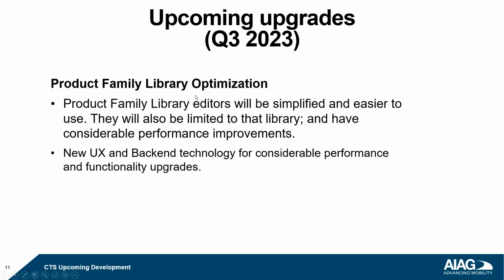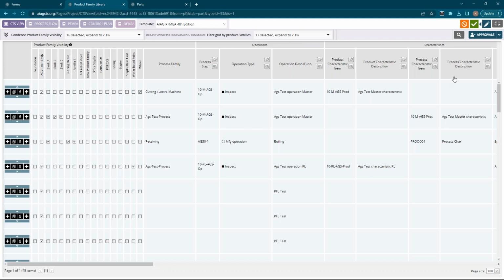The biggest one is product family library optimization. What I talked about right here before, we're going to be simplifying it a lot. If you go into work on, say, block A product family here, you won't see all the stuff. You won't see all the filter options until you need it. You can go into an advanced mode, then you can do it.